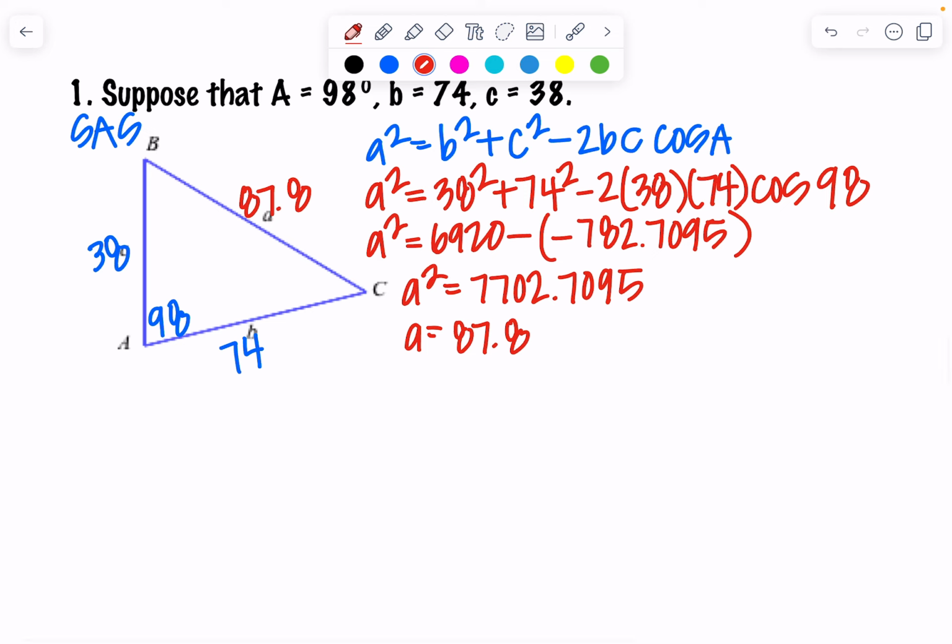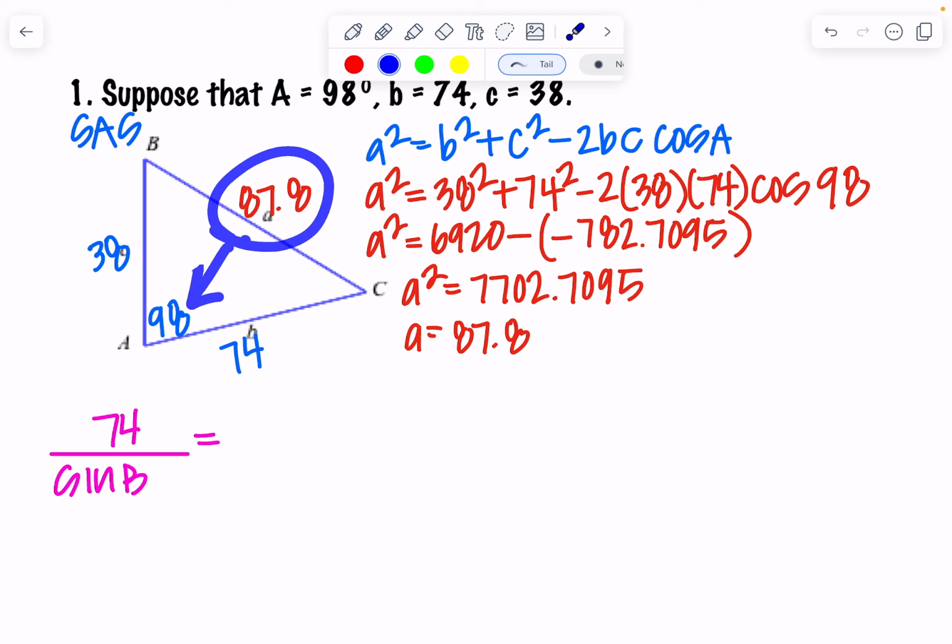So I'm going to get a different color. I'm going to solve for angle B. It doesn't matter which, because you have enough information for everything. If I solve for angle B, angle B is across from 74, so 74 over sine B. Now with the side we just found, 87.8, and 98, I can set up the other side.